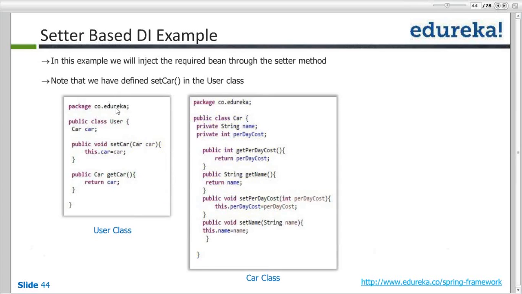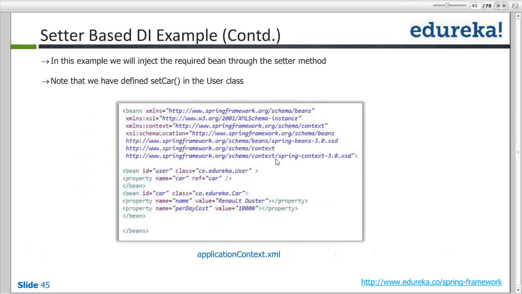So I'm assuming that all of you must be knowing about Java, at least core Java. So this bean has an ID and you can give any name for this ID, and then the class which it corresponds to. This should be a fully qualified class name.